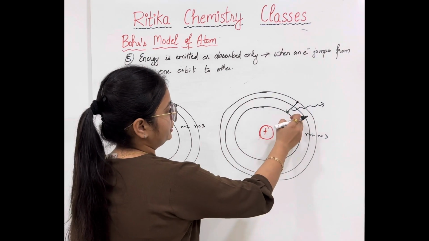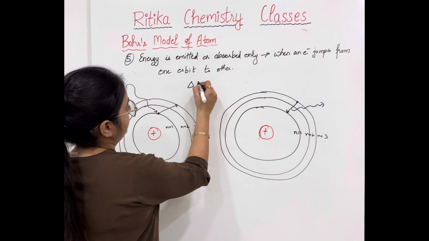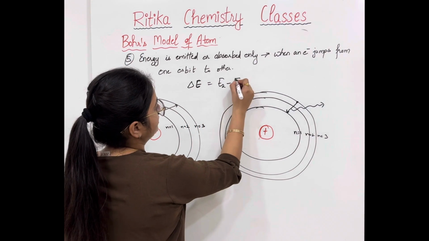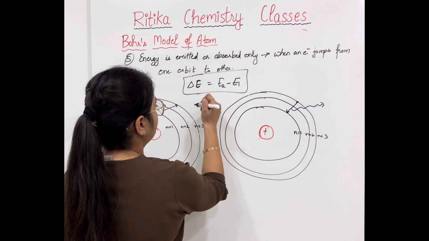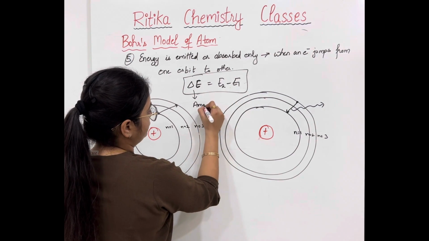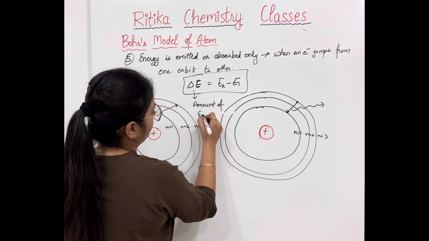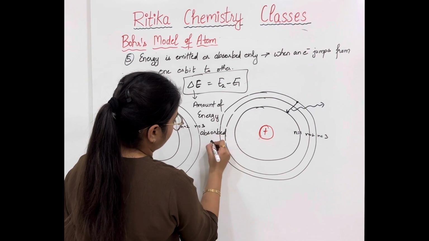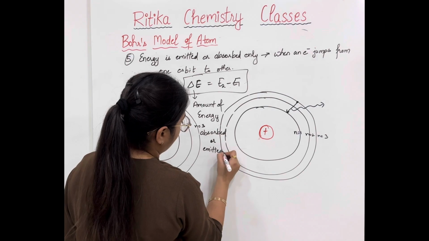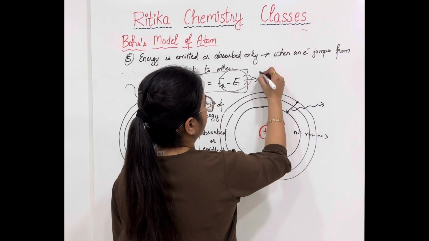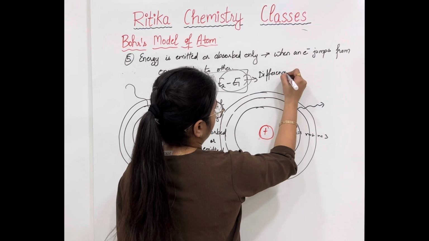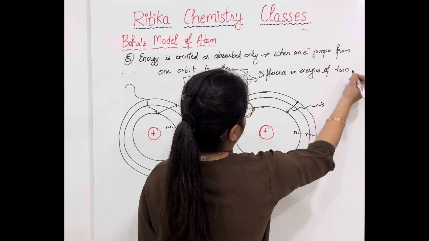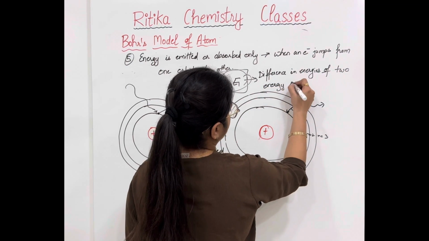The amount of energy emitted or absorbed is represented by delta E, which will be equal to E2 minus E1, where delta E is the amount of energy emitted or absorbed and E2 minus E1 is the difference in energies of two energy levels concerned.